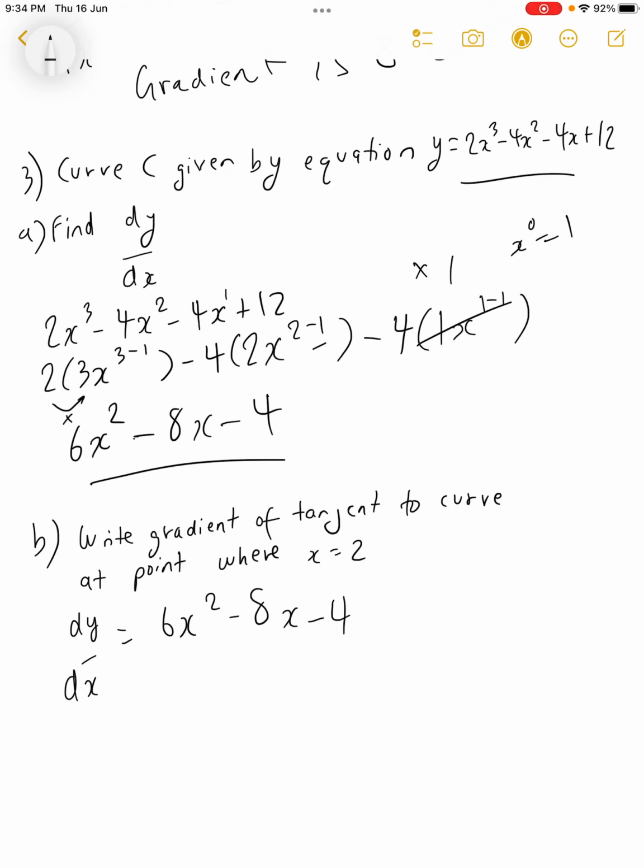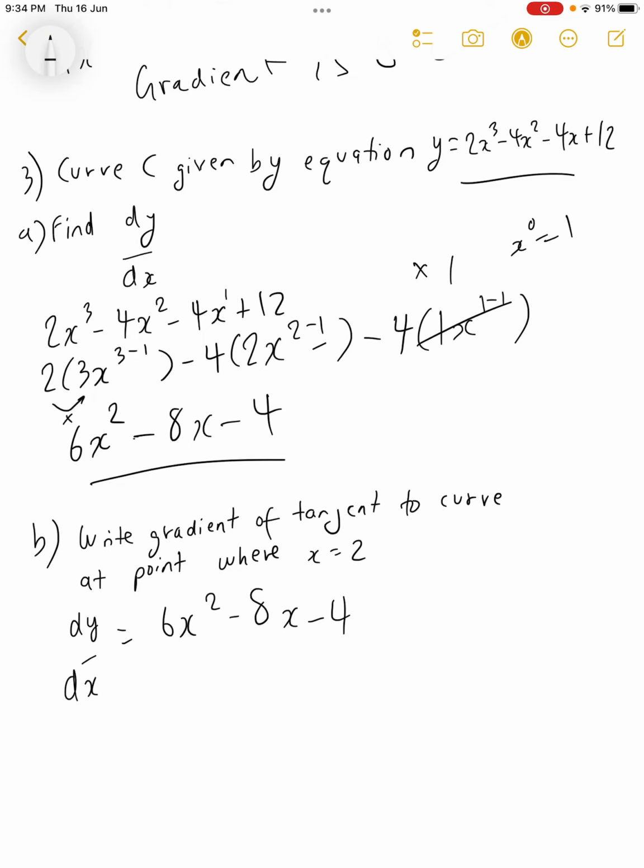Like the same question that I've done previously, all you need to do is take that value and replace it for x.